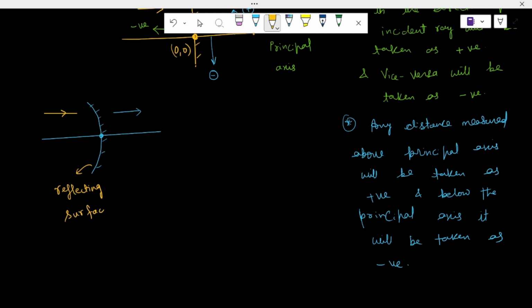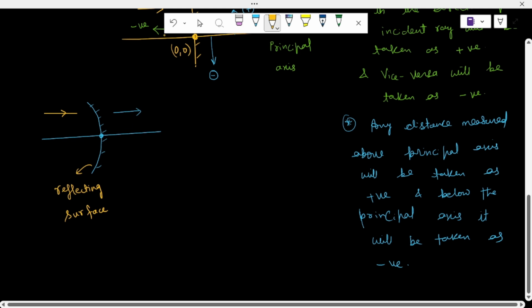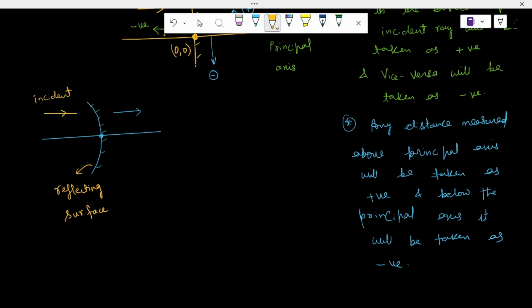There is no use of incident ray being incident from this side, because it will not form the image. The incident ray must always be incident towards the reflecting surface. So this is my incident ray. If I am measuring anything in the direction of incident ray, I will take it as positive. Opposite to the direction of incident ray, it will be taken as negative.